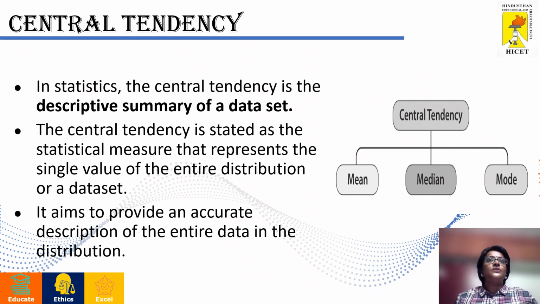Because we have a large voluminous amount of data, getting a descriptive summary of the data set helps us a lot. The central tendency is the statistical measure that represents the single value of the entire distribution or data set. It aims to provide an accurate description of the entire data set in the distribution.